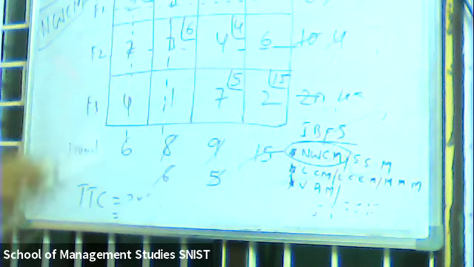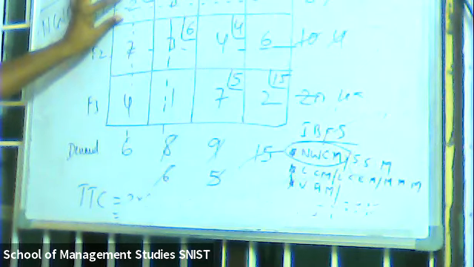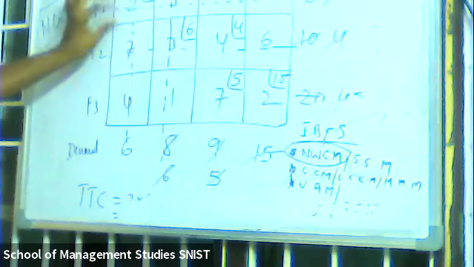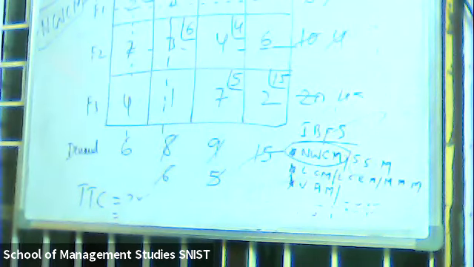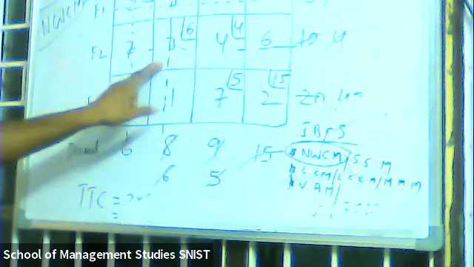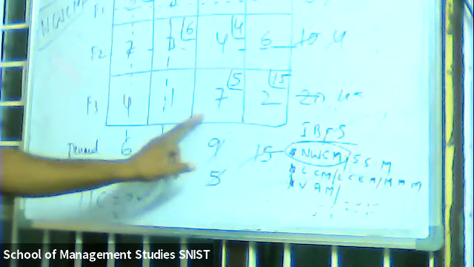First, initially we start here with x11. Those who attended my previous session may recall this: x11 or c11, x12, x13, x14, and x21, x22, x23, x24, and x31, x32, x33, x34.